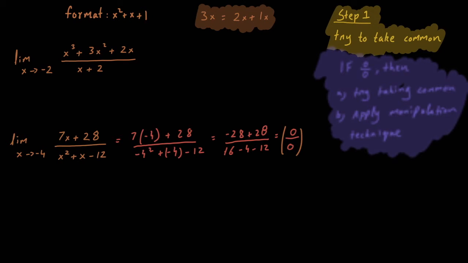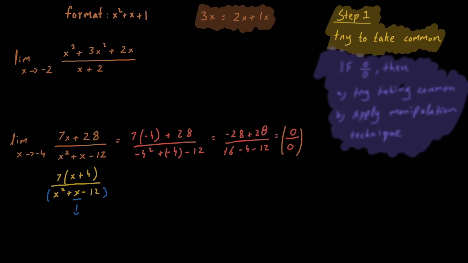We will try taking something common, and in the numerator we can take 7 as common, and we'll have x plus 4. In the denominator we cannot have anything common, so we'll have x square plus x minus 12, the same expression again. Now as the denominator has reached our format, we will try to manipulate this expression and break it down into two expressions.